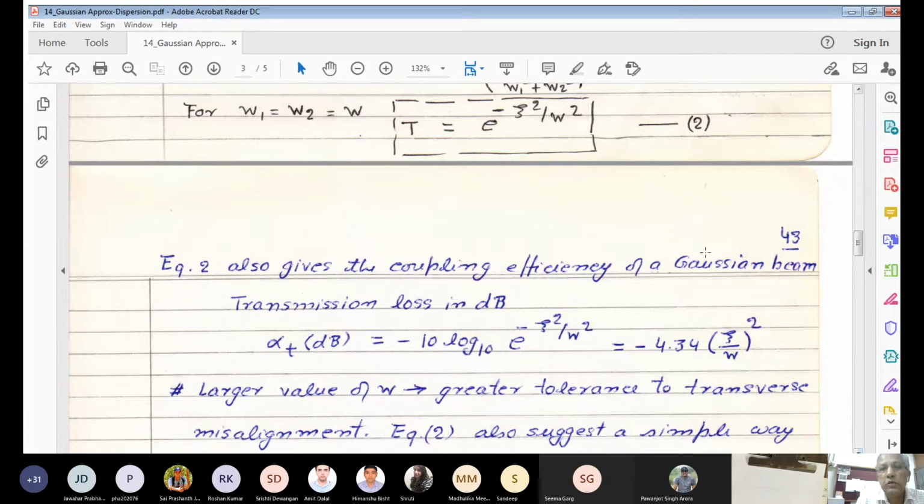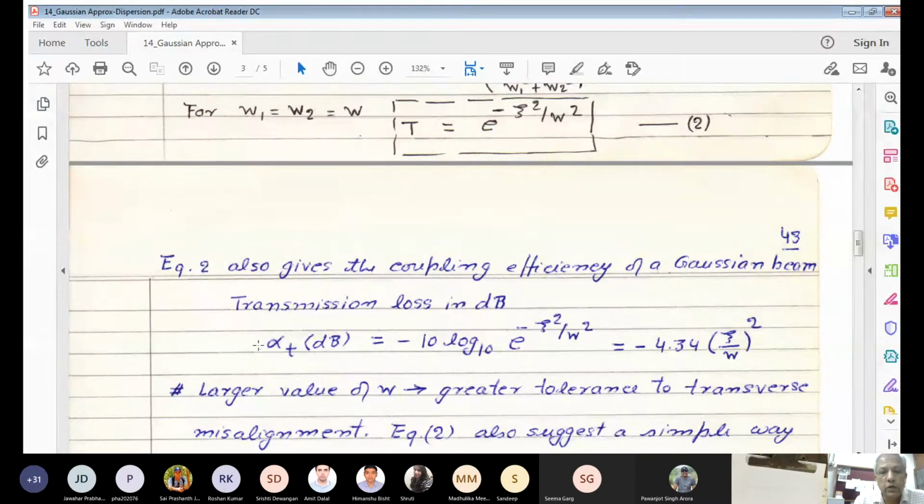This equation 2, as I discussed earlier, also gives the coupling efficiency of a Gaussian beam. If a Gaussian beam of spot size W is launched at the input end of the fiber, then this is the fractional power which would be coupled to the fiber. So that is the coupling efficiency also.